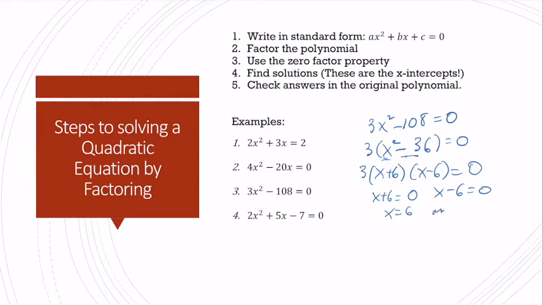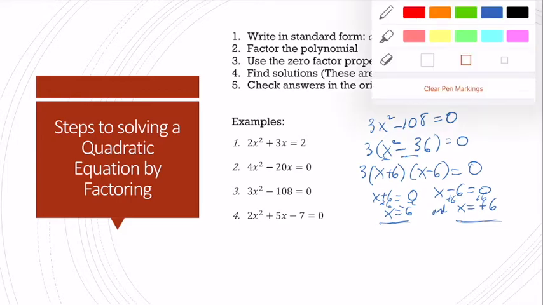So I have x equals negative 6 and x equals positive 6, because I'd subtract 6 from both sides, and I would add 6 to both sides. When we substitute those into our equation, we're going to see that both of these are indeed our solutions.